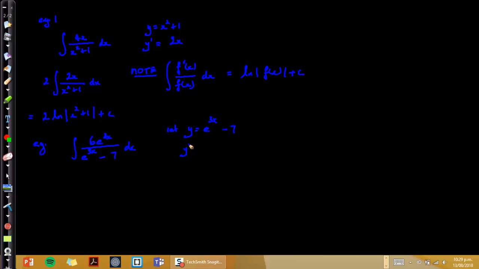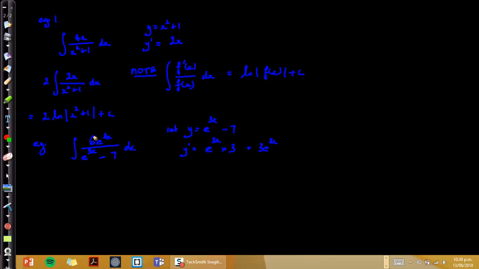So the derivative, e to the power of 3x times 3, and the derivative of negative 7 of course is 0. So that's going to be 3e to the power of 3x.